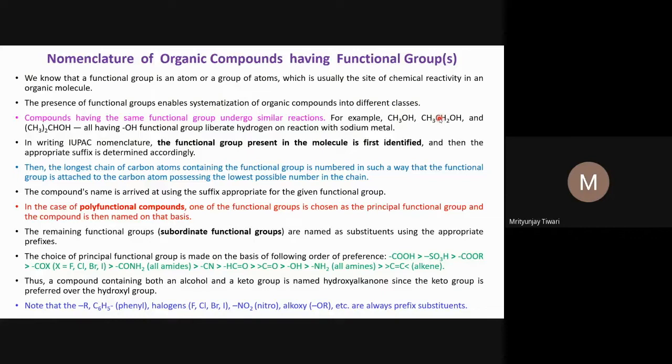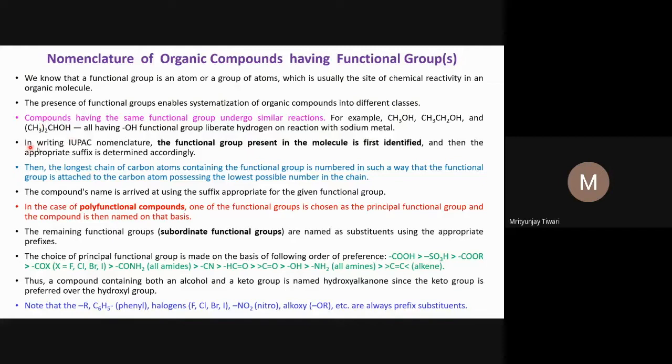The functional group which reacts first in a given chemical condition has higher reactivity, and we consider the compound based on the functional group with higher reactivity. Those things we have seen briefly, and we'll see them even today.